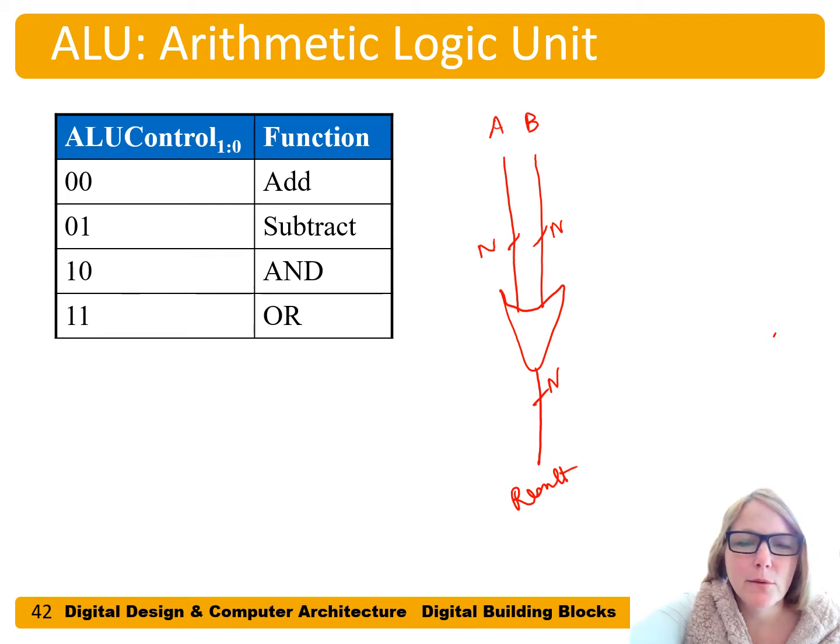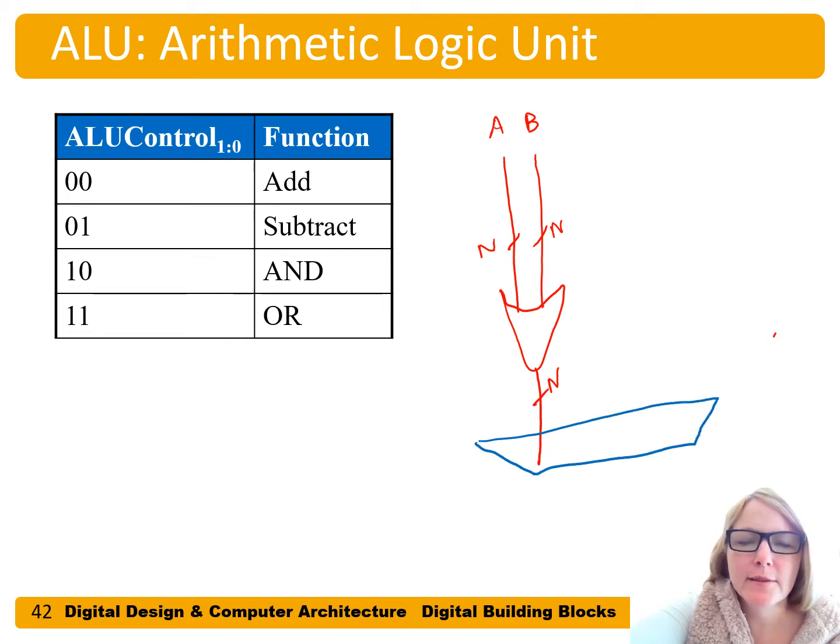But that's not all we want to do. So we can put that into a multiplexer, because we may want to do multiple operations here. In fact, we do. So let's put our ALU control signal here.